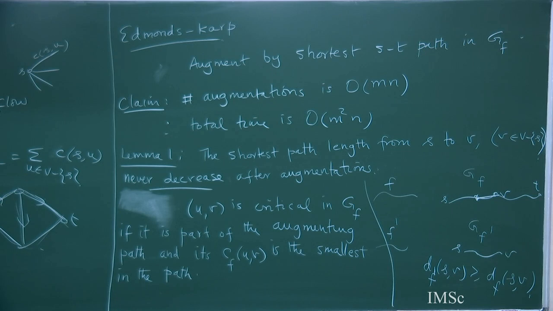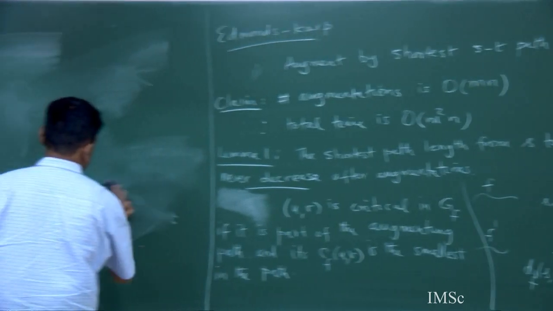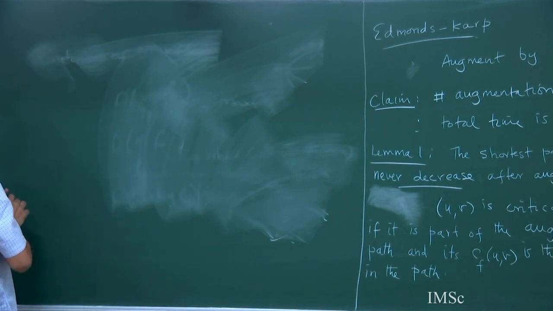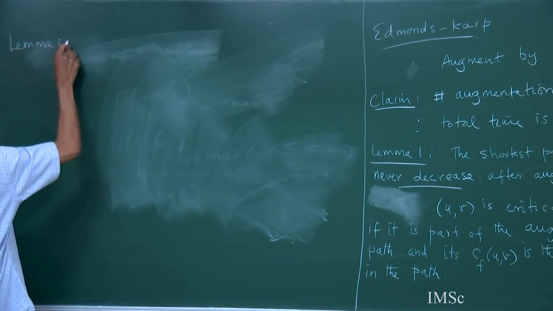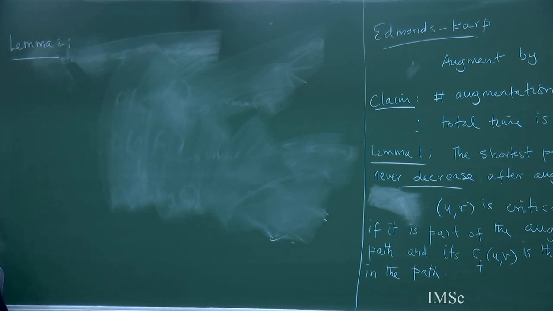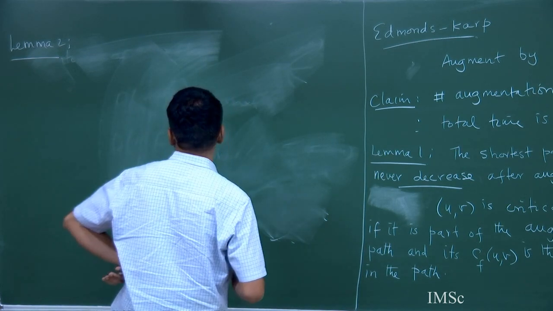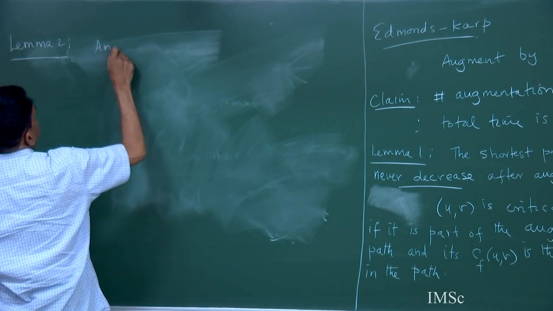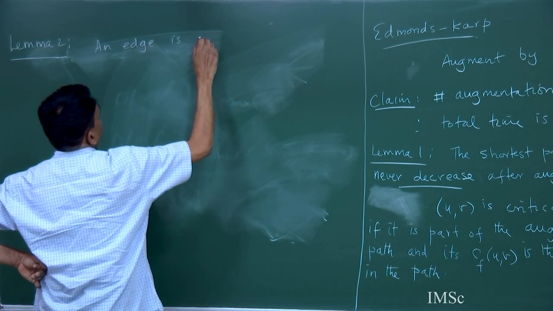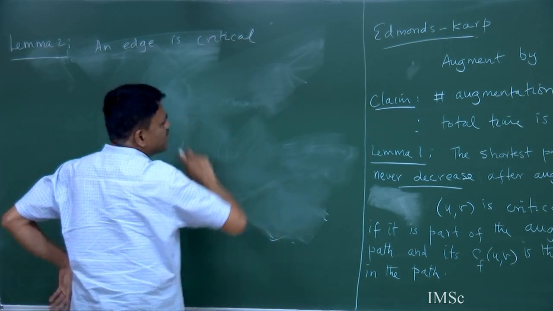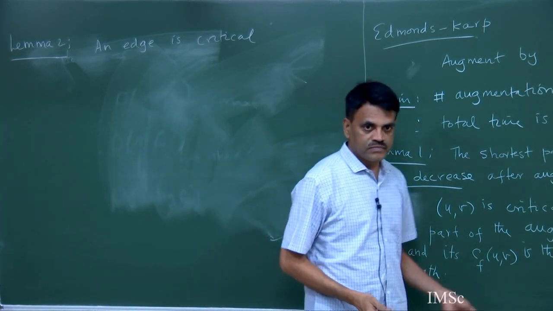So the lemma 2, which we will show, is that an edge is critical... So the same edge can become critical multiple times, right?